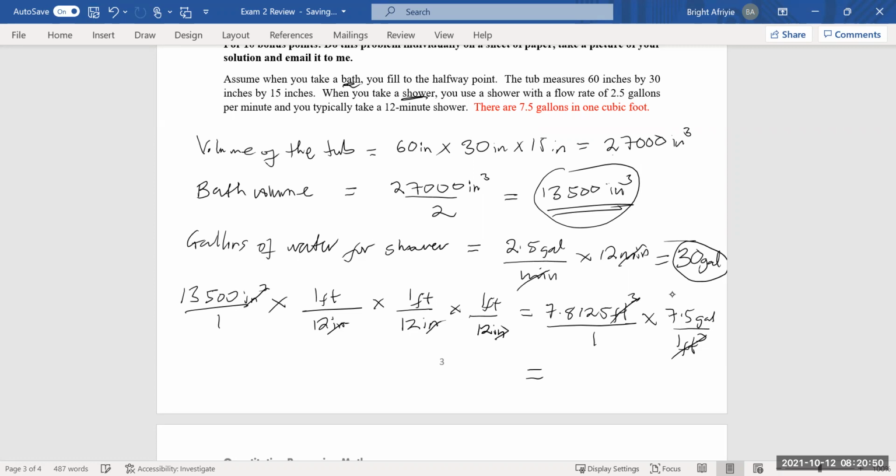And this is giving us 58.6 gallons. All right, so we have changed how many cubic inches of water is used for a bath into gallons. So this is how many gallons of water we use for a bath, right?